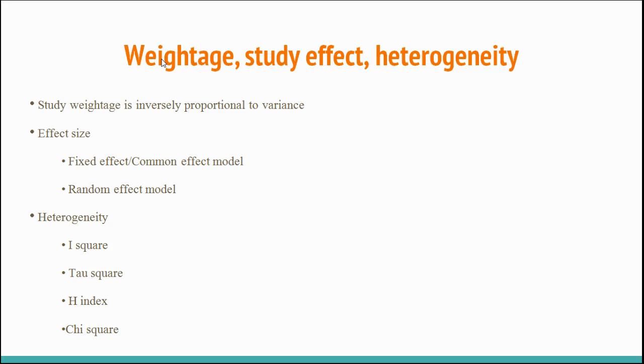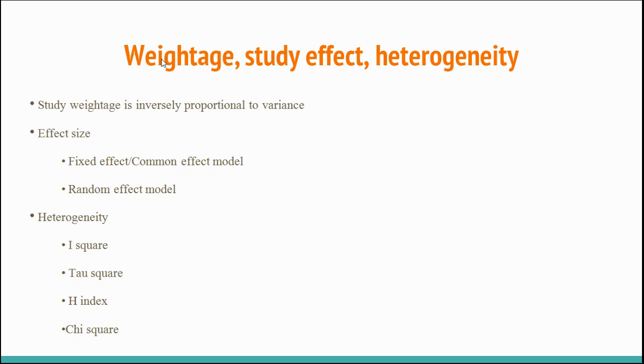What the fixed effect model signifies is that there is very little heterogeneity between your different studies, which means your studies A, B, C, D, E, and F are very similar to each other in terms of inclusion criteria, exclusion criteria, and other factors, like they have selected the same patients. The demography of the patients is very similar. The clinical characteristics of patients are very similar.